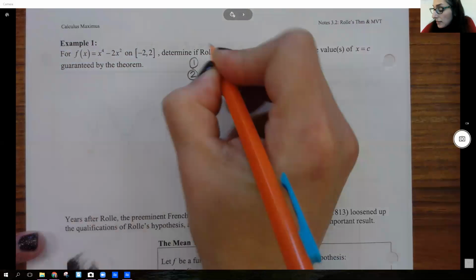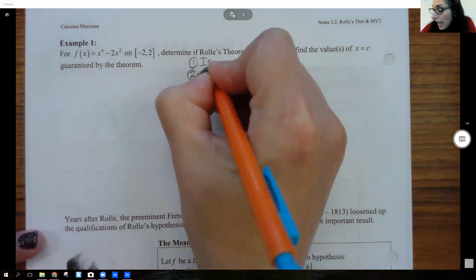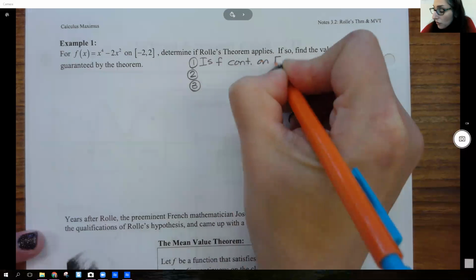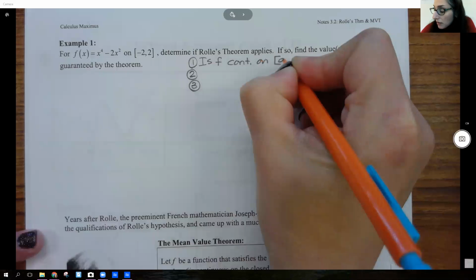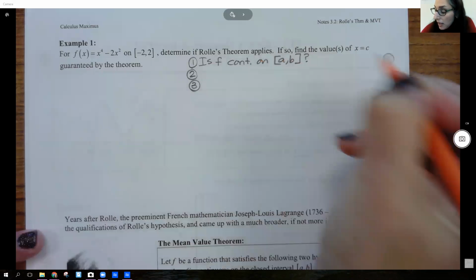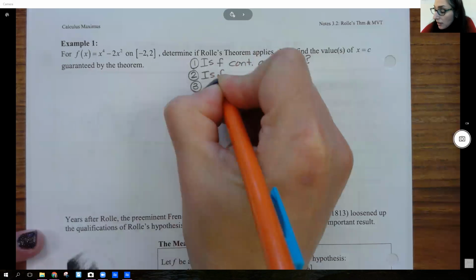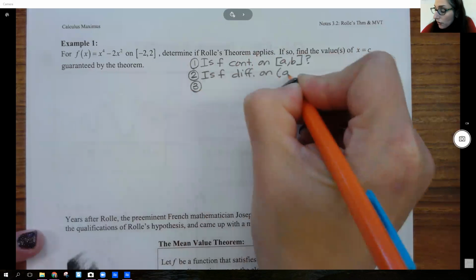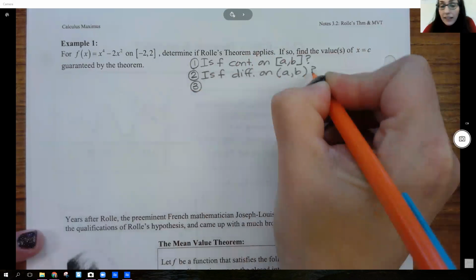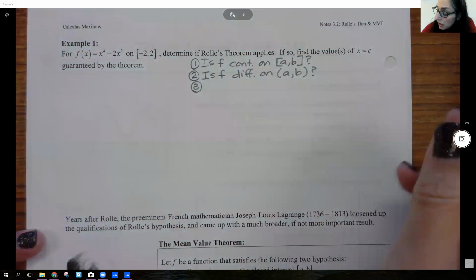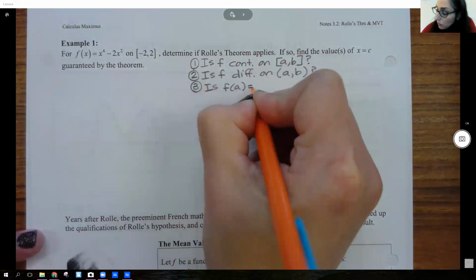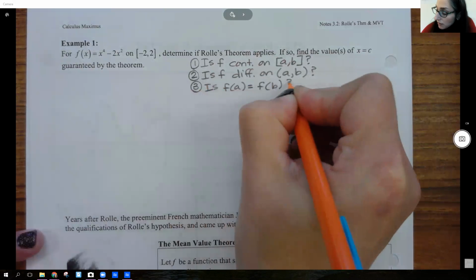The first thing is, is f continuous on the closed interval from A to B? That's a yes or a no. Is f differentiable on the open interval from A to B? And the third question is, is f of A equal to f of B?